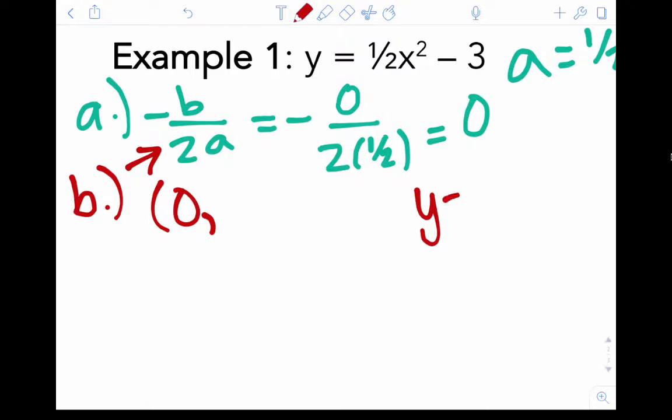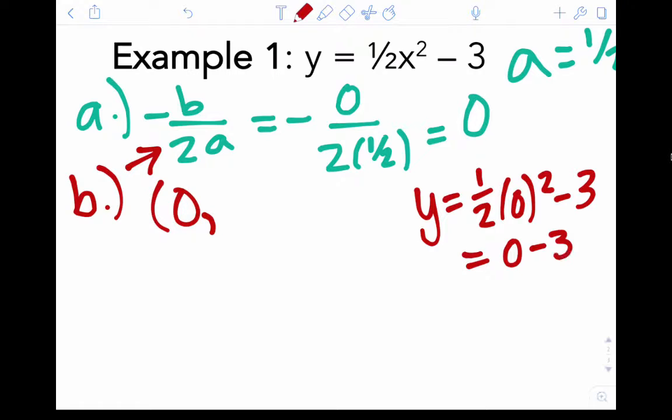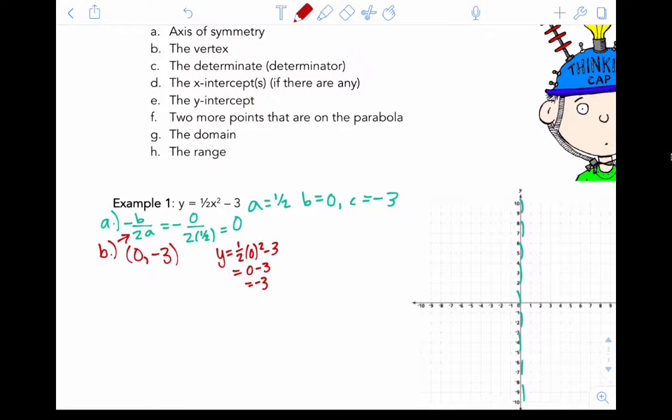So I have y equals 1/2 times 0 squared minus 3. So that's 0 minus 3, which is just -3. So the vertex is at the point 0, -3. When I come over to my graph, I'm going to go over here and graph the point 0, -3.